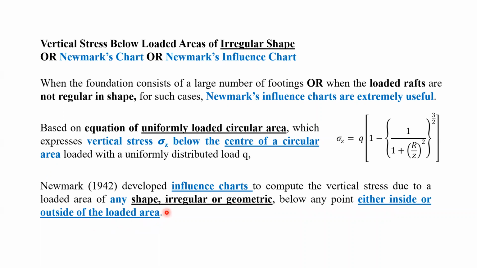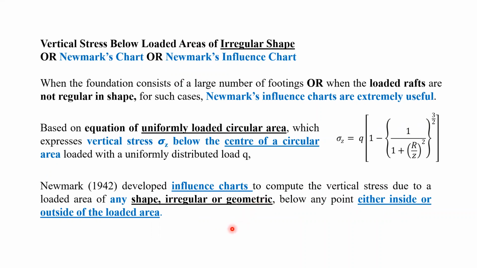So at any point, not only below the base of the footing but also beyond the area of the footing, we can find out the vertical stress using the Newmark influence chart. That's why it is written there, either inside or outside the loaded area. We can calculate the vertical stress below the irregular shape of the footing using the Newmark influence chart.